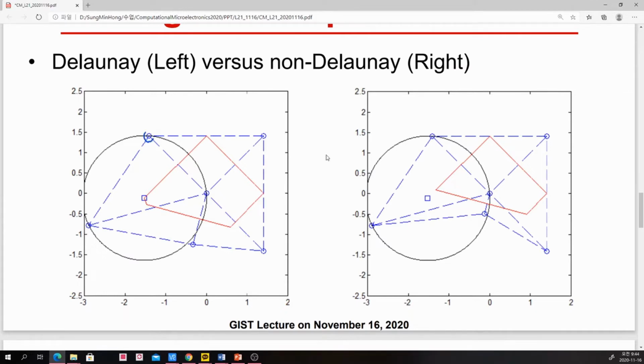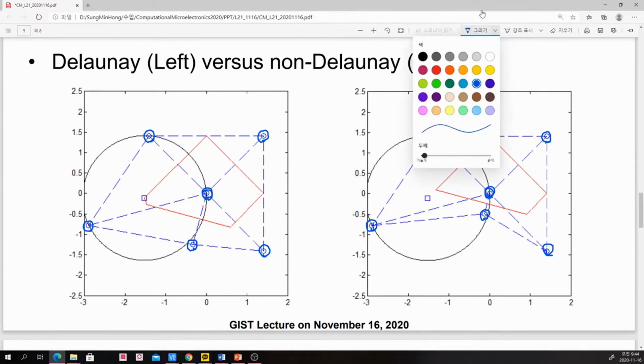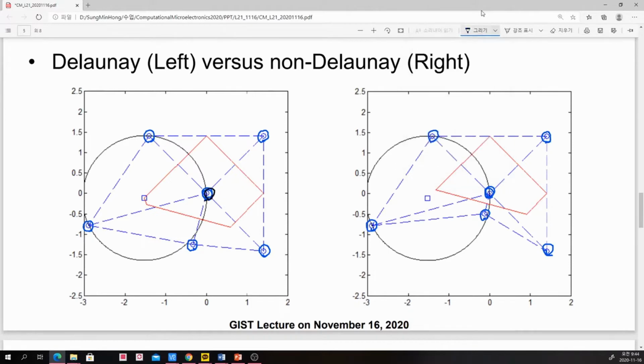So here we have 5 corner points, and also 1 inner point here. Can you clearly see it? So here we have one inner point.